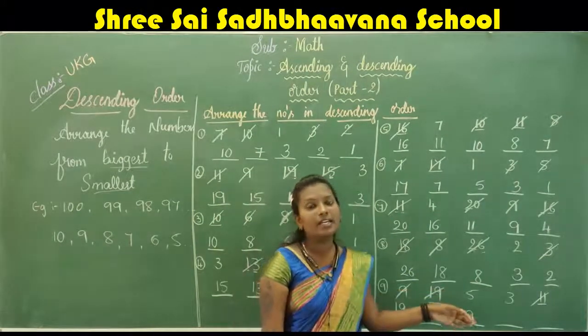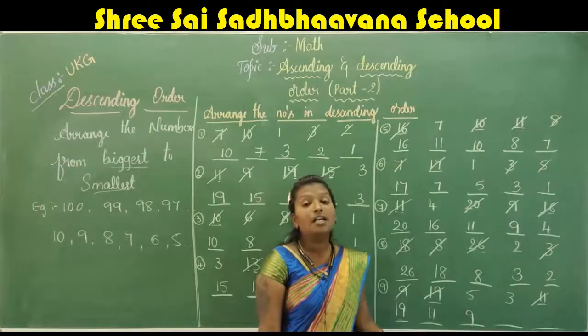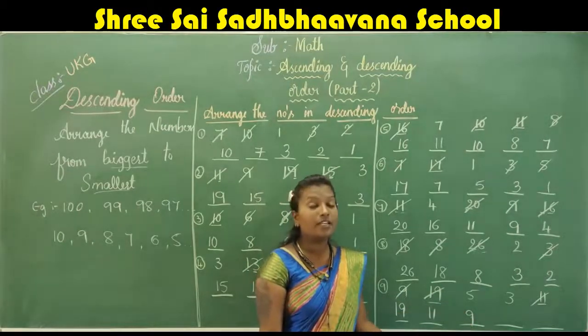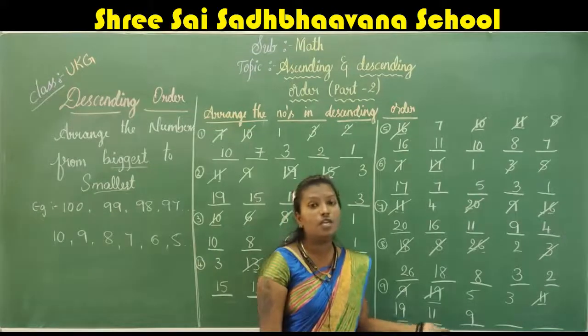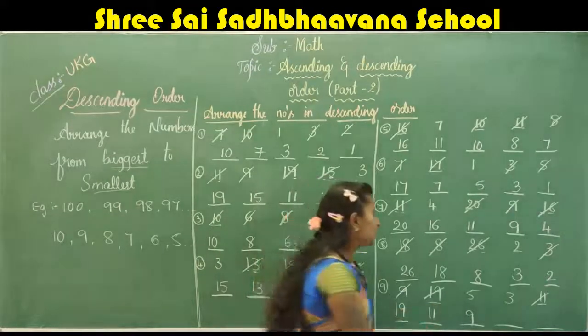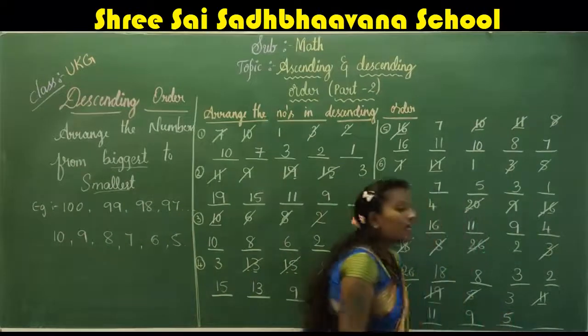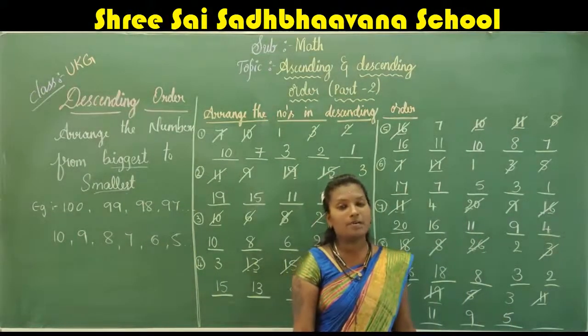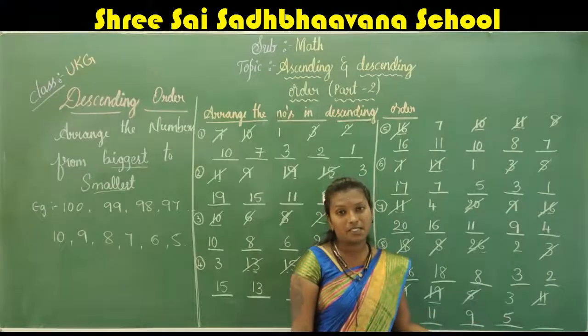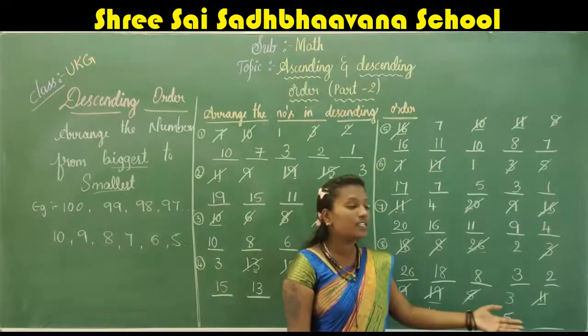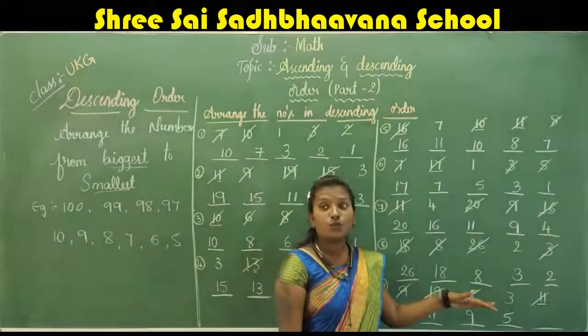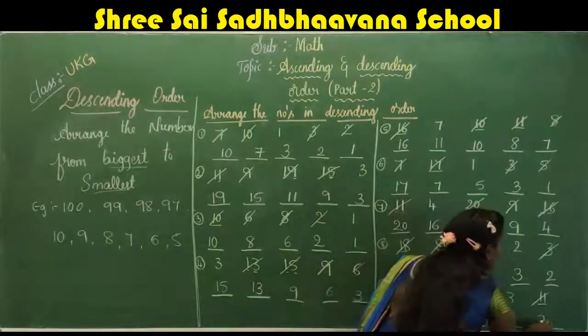Next, number 5 and number 3. 3 is smaller than 5, and 5 is bigger than 3. So 5 is the biggest number, and we write it in the fourth place. And last, only one number is there, number 3. That is the smallest number in this line, so we write it in the last place.